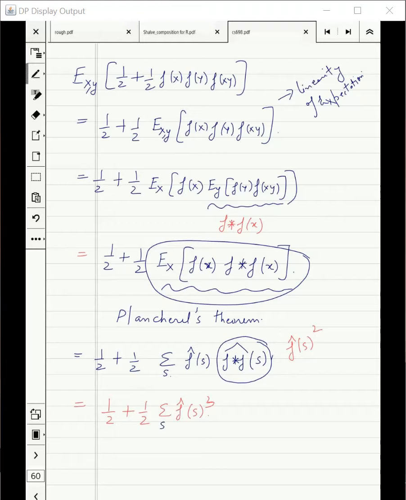Only one of the Fourier coefficients will be 1, everything else will be 0. So if f of x was equal to chi s of x, this quantity will be just 1. But if all my Fourier coefficients were small, and I take their cube and add them up, they will become really, really small.